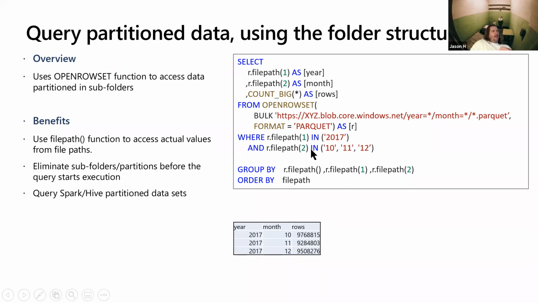Now, the best practice is, even if we're doing this elimination here, let's say there's a field in there called trip date, if it's taxi data.